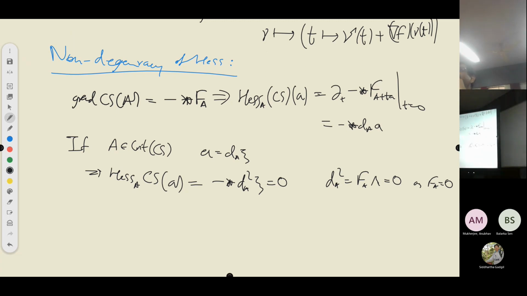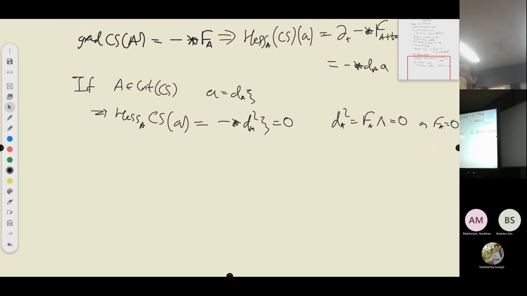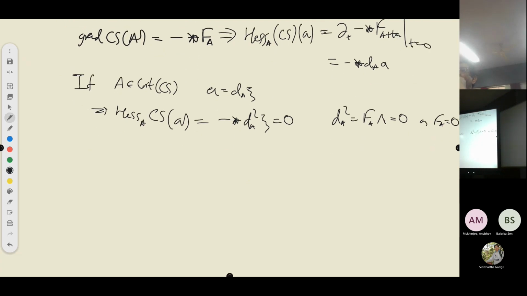Or let me be more precise about this. So the tangent space at identity of our gauge group is going to be 0 forms on Y, taking values in GE.